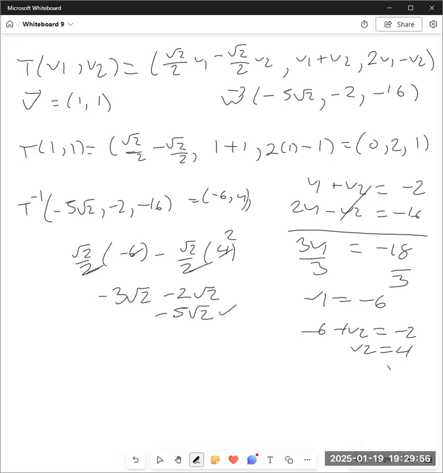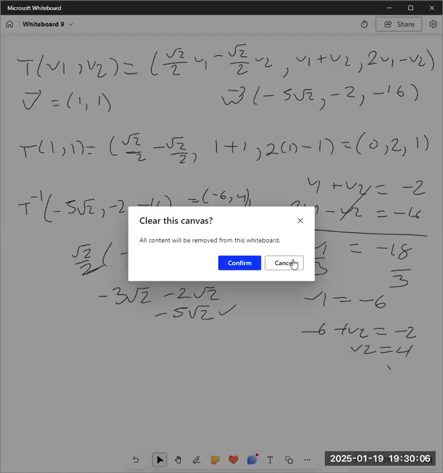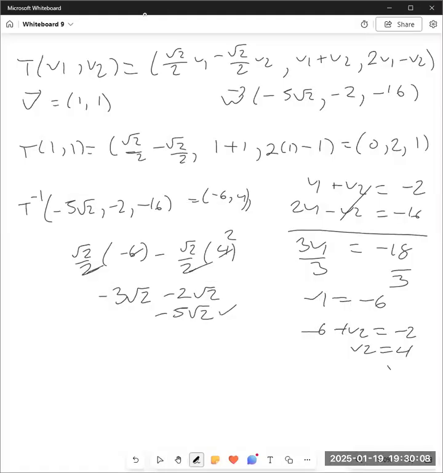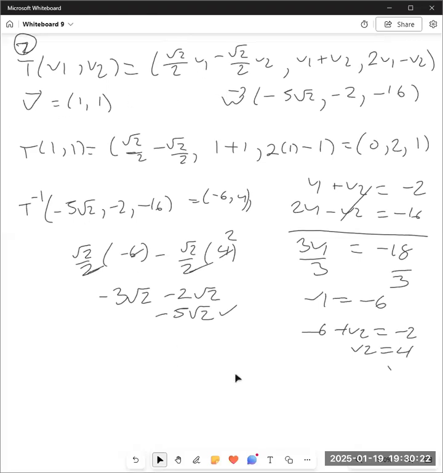So my pre-image is -6, 4. That was number 7. I forgot to number that, but there it is. Let's go ahead and look at number 9 next.